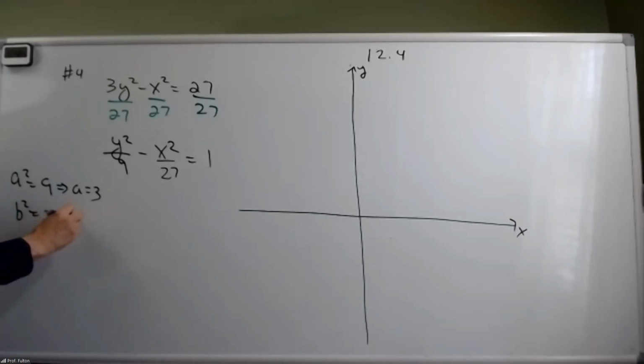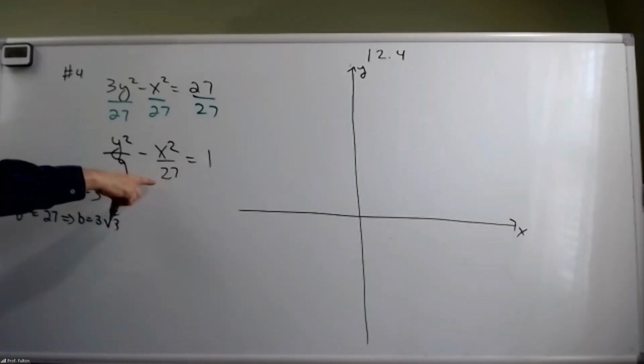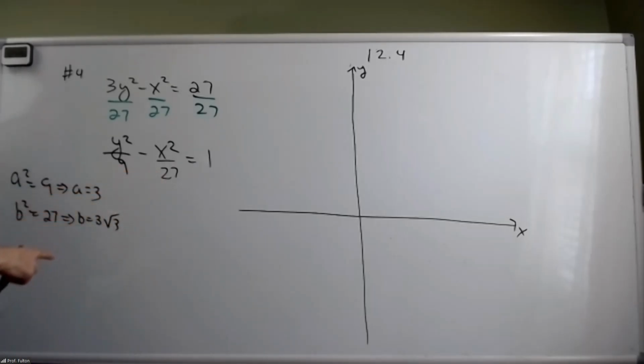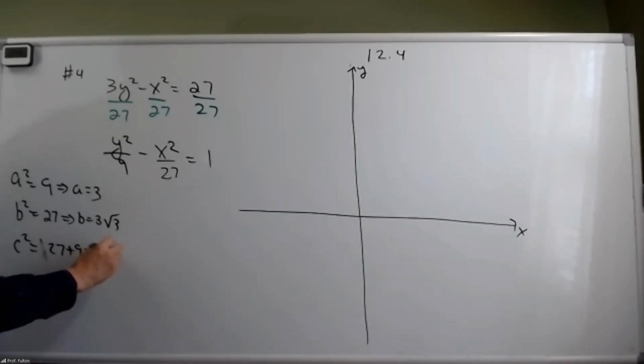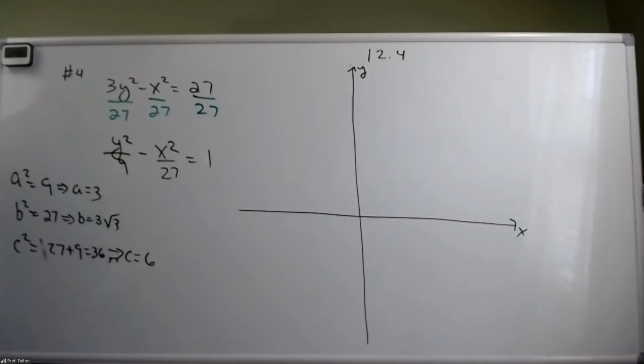That tells me b is equal to 3 times the square root of 3. I can just bring out the 9 and write it that way. So my c squared is equal to 27 plus 9, which is 36. So in this case, c is just 6. And it's going to go along the transverse axis over here.